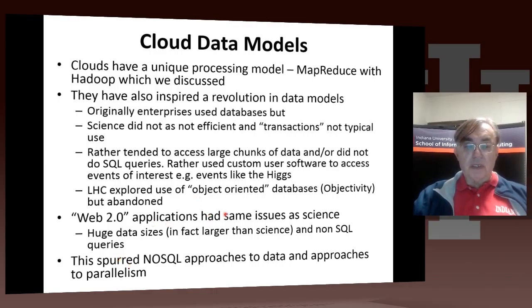Another important feature that is necessary is the size, namely one often wants to access large chunks of data, which tend to be not so useful for SQL, and you need to use lots of custom software. If you look at the Large Hadron Collider, there was a time people looked at so-called object-oriented databases, but found it was actually better just to read things from files and put your capability into user software.